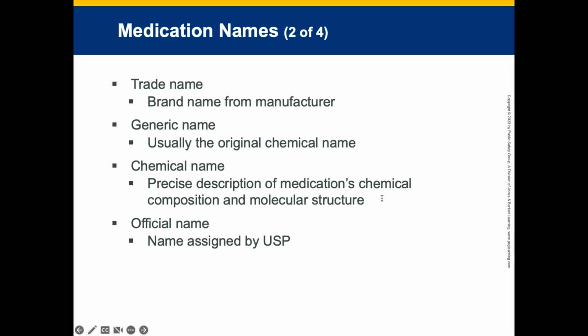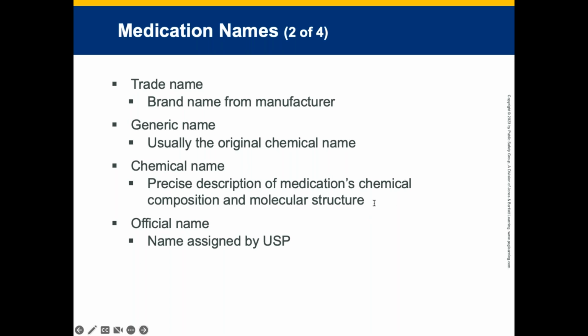A generic name is the original chemical name of a medication, usually suggested by the first manufacturer and approved by the FDA. All medications licensed for use in the United States are listed by their generic name in the USP, which is the United States Pharmacopeia.